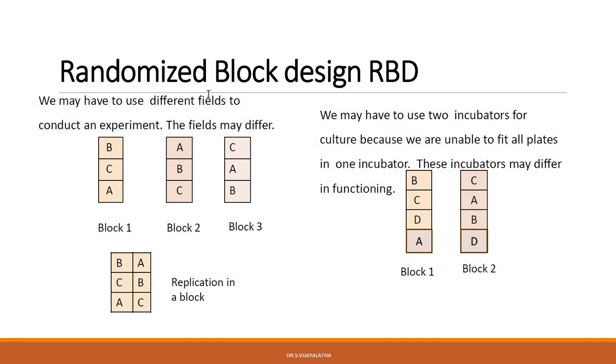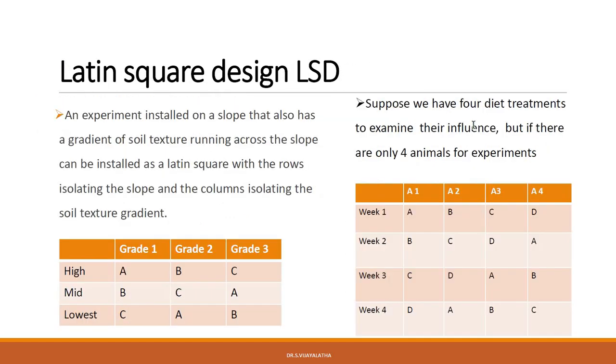As is evident, in randomized block design, we are able to eliminate the error that may arise due to one source of variation. But when we have to simultaneously remove the errors due to 2 sources of variation, then we have to go for Latin square design. Here, one source of variation is given as row and another source of variation is given as column.